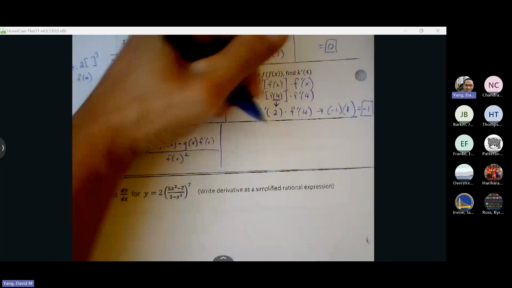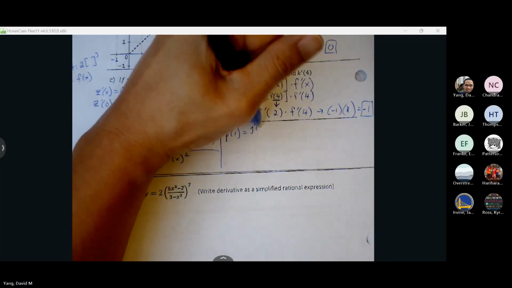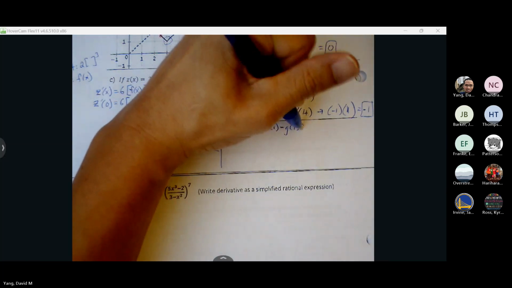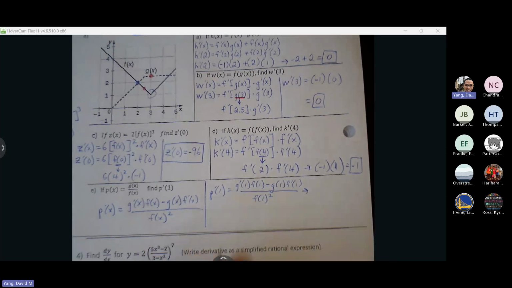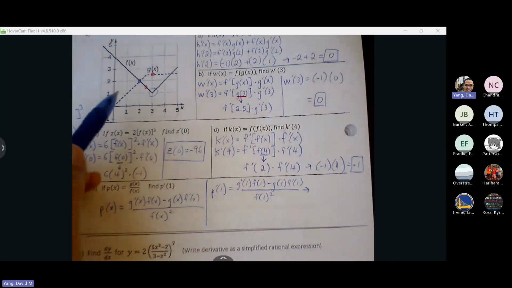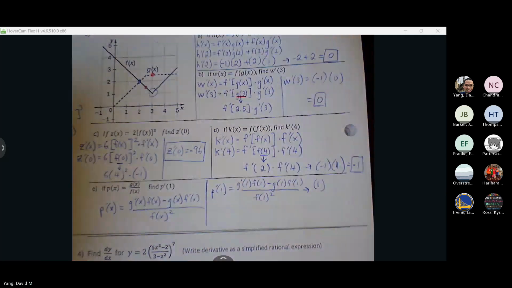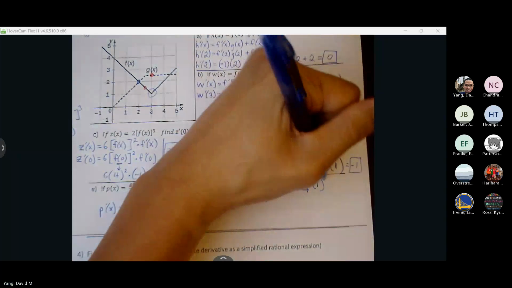Okay, replace every x with 1. Gather all the information from our graph, g prime of 1. We're asking for the slope of the g graph at 1. It's a positive 1. F of 1, y value of the f graph at 1 is 3.